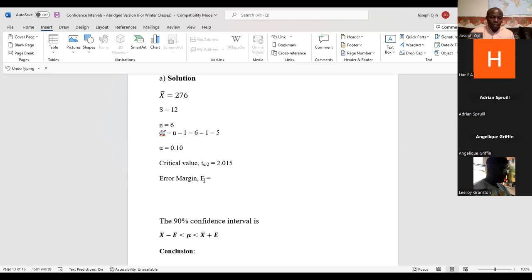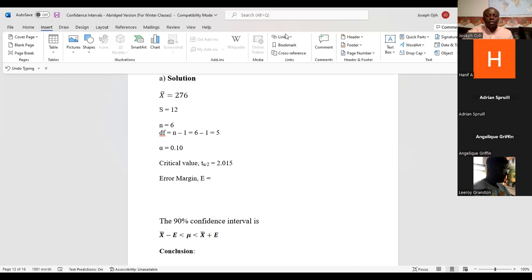What's our standard deviation? It is 12. Our n is 6, and our T alpha over 2 is 2.015. To plug in these numbers so they look like an equation, I will take you to that workbook so we can put them in.